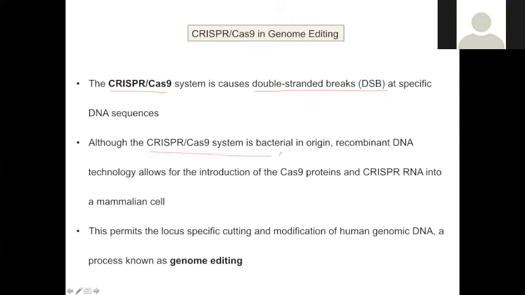This system is bacterial in origin, and the use of our recombinant DNA technologies allows for the introduction of the Cas9 proteins, which are nucleases, as well as the CRISPR RNA, which targets the nuclease to specific sites in the genome. We are able to introduce this protein RNA complex into a mammalian cell. What this allows us to do is the site-specific cutting and modification of human genomic DNA.